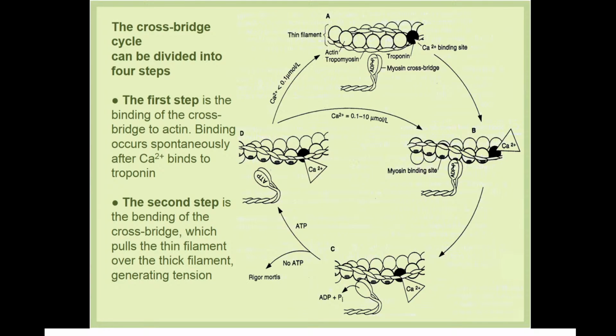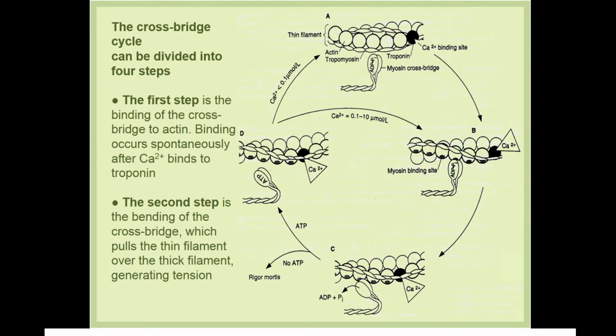Excitation-contraction coupling involves 4 steps: the propagation of an action potential into the T-tubule and release of calcium from the sarcoplasmic reticulum, and this starts the skeletal muscle contraction.